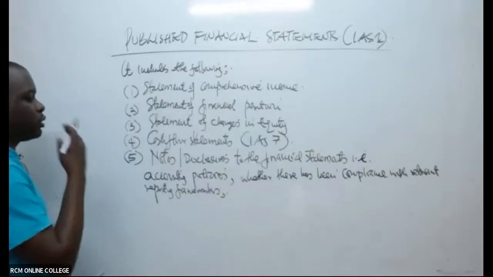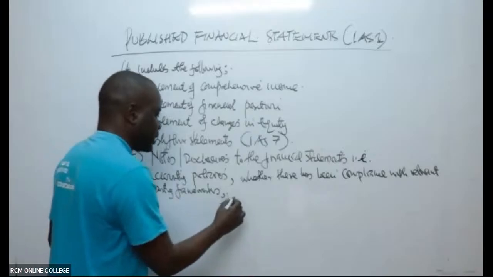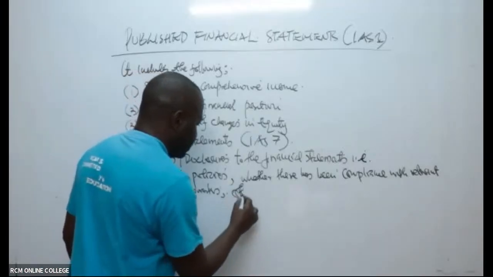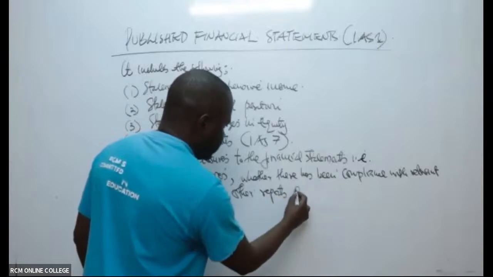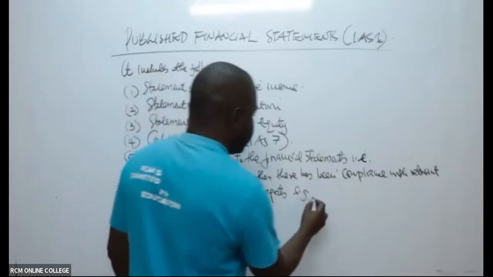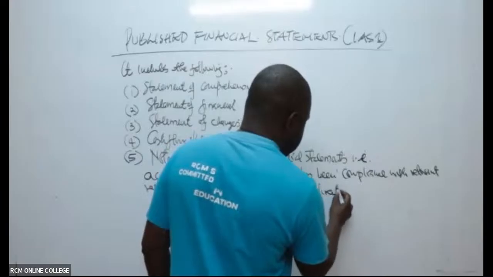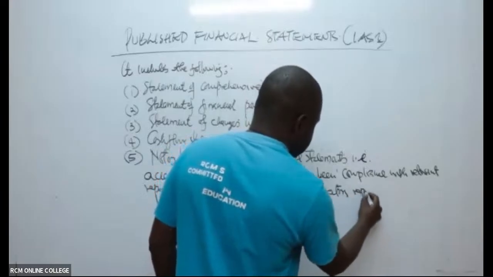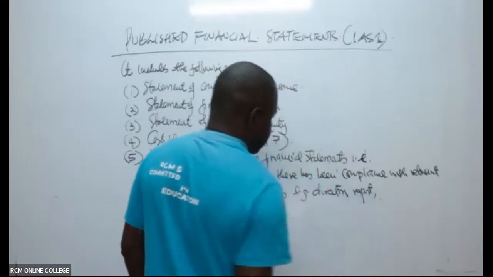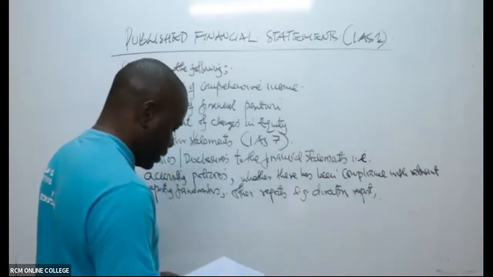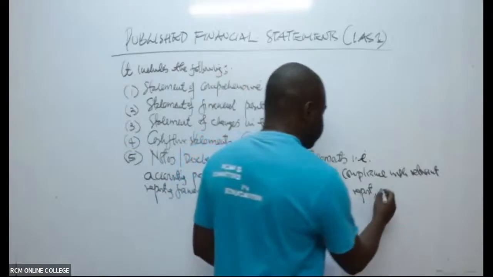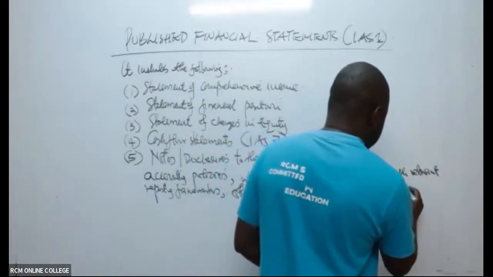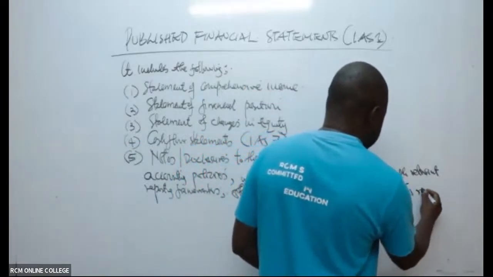Then, of course, you can include other reports in the notes. For example, you can include what we call the director's report. You can include what we call the auditor's report, which can also be attached.